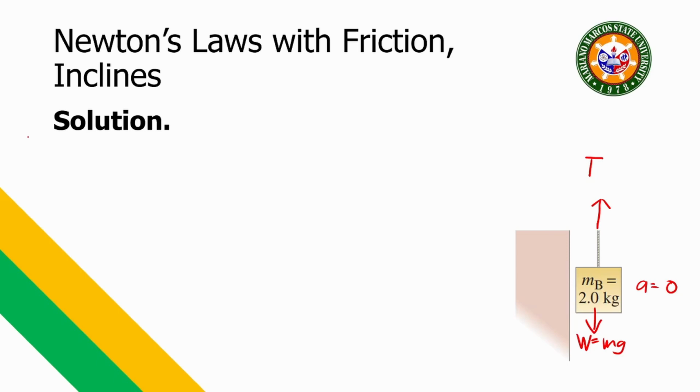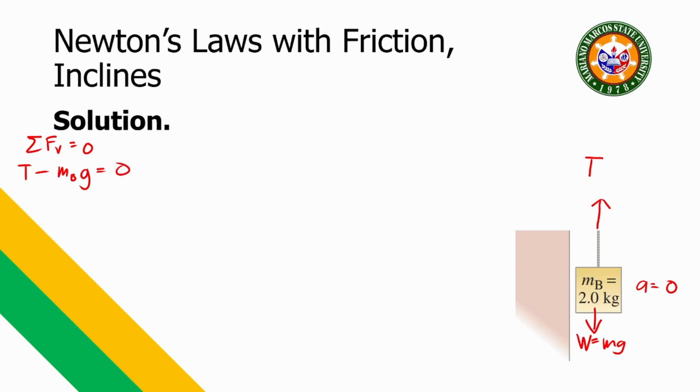So, now let us try to consider the summation of forces vertical of this free body. So, this one is equal to 0 since our acceleration is 0. So, what are the forces here? We have here tension T, which is upward, so positive, minus the mass of B multiplied by gravity, which is the weight of our object B. So, this one is equal to 0.